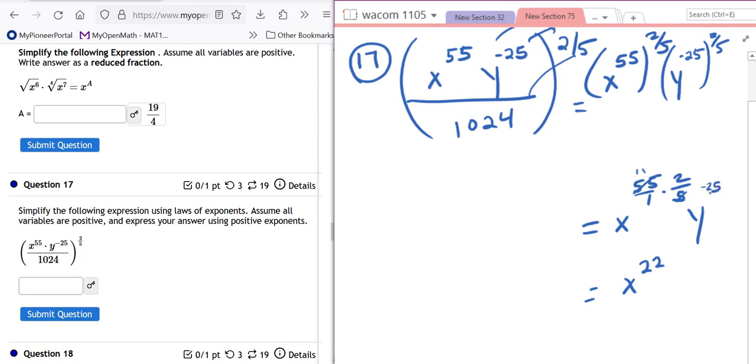So negative 25 over 1 times 2 over 5. The 5 will go into this 25 5 times. So this is going to give me y to the negative 10. All right, I just took care of the numerator there. And now I have 1024 to the 2/5.